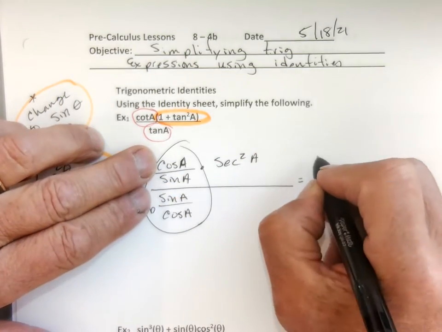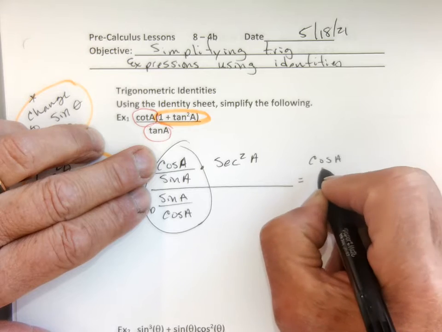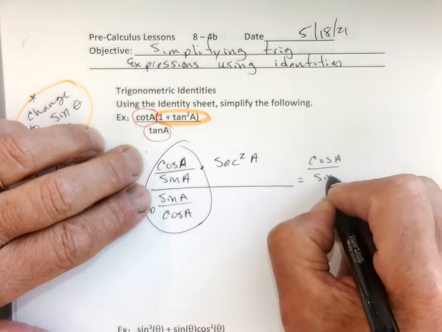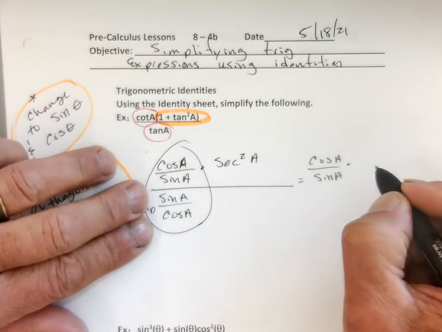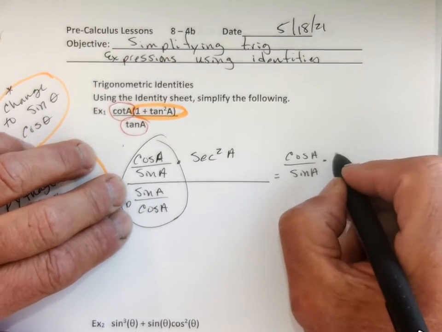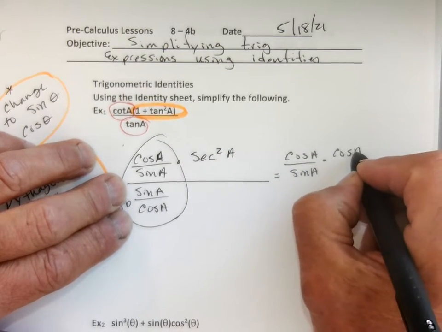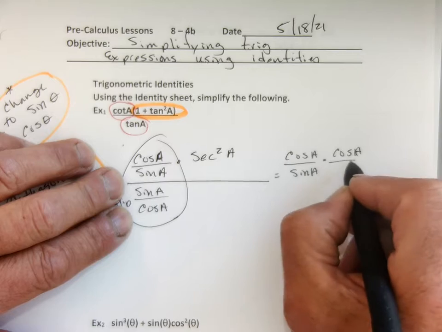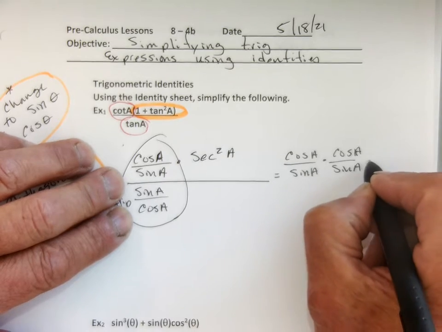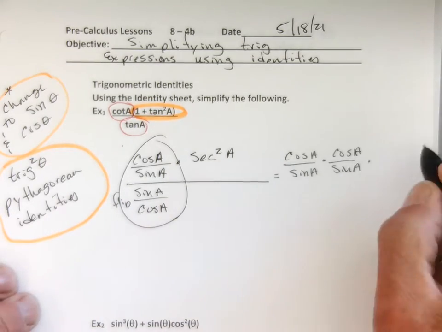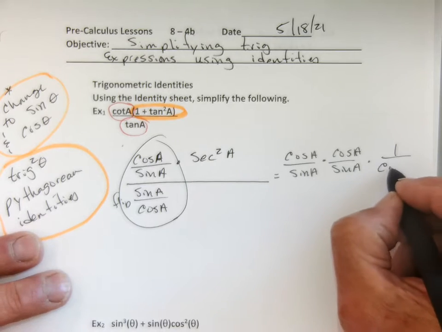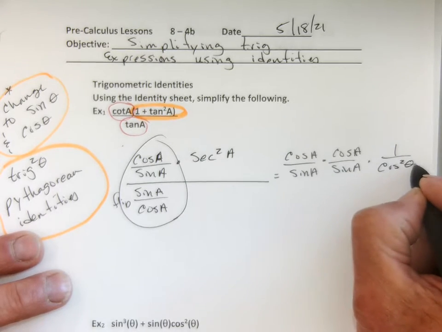I'm going to go cosine A over sine A times, invert and multiply, right? Cosine A times sine A, and then times a 1 over a cosine squared. Okay?